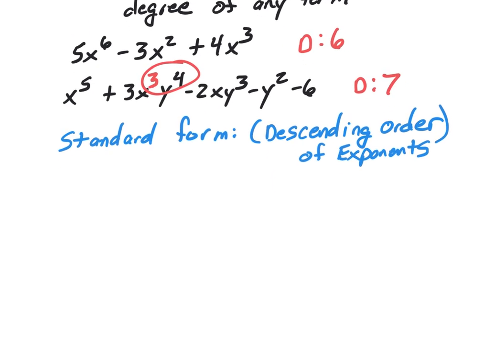You guys remember what descending means? Going down, right? Ascending is going up, descending is going down. So we're going to go from the highest down to the lowest exponent or degree.